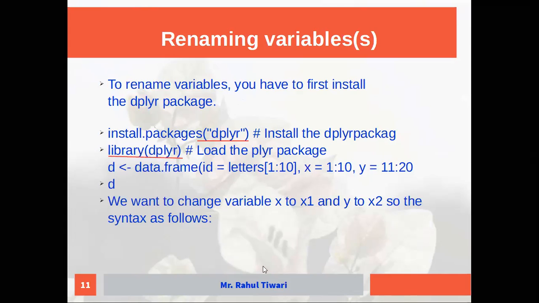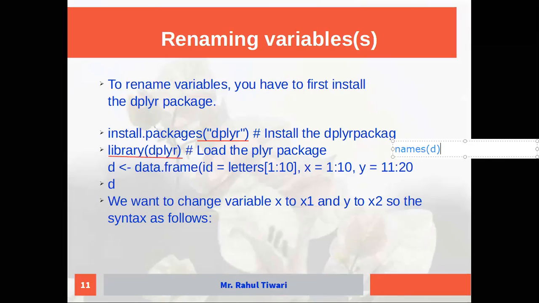Suppose now my task is that I am interested in changing the variable. I think you already know how to check the name of a variable: if you just write names of D, it will show you which variables I have in my data set.